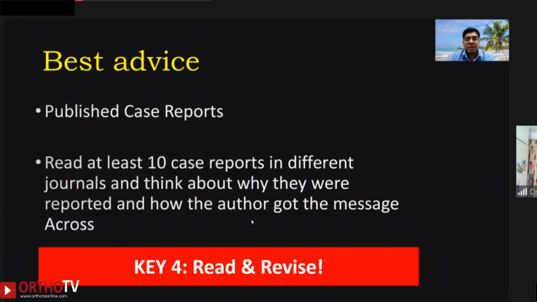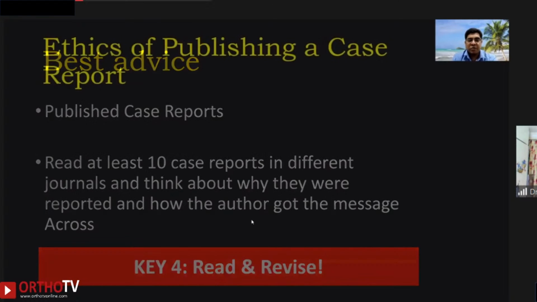Once you read these papers with that angle, you'll start understanding how the authors, or the artists, have put their message across in certain sentences, in certain words, with the help of literature. So you try and learn that art also. It's not only just technicalities or scientific structure, it's also an art how to put it. To learn that art, you have to read and revise your case report as much as possible. So that's the key advice 4.